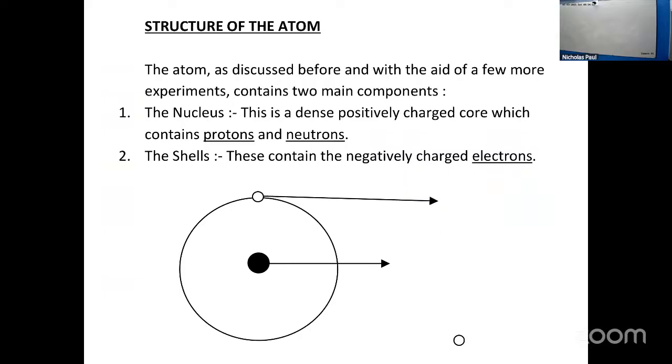The atom, discussed before with the aid of a few more experiments, contains two main components: the nucleus and the shells. The nucleus has the protons and neutrons, and the shells, the little circles around it, have the electrons. Remember that?